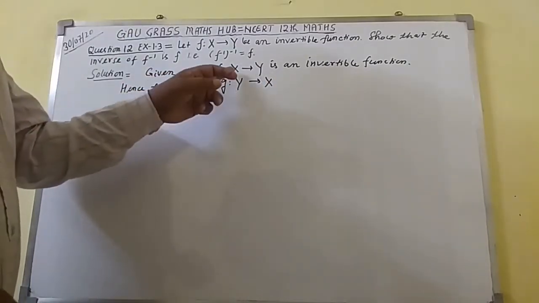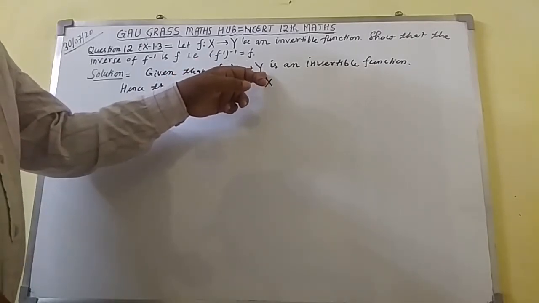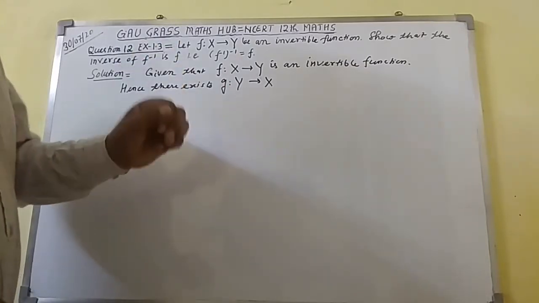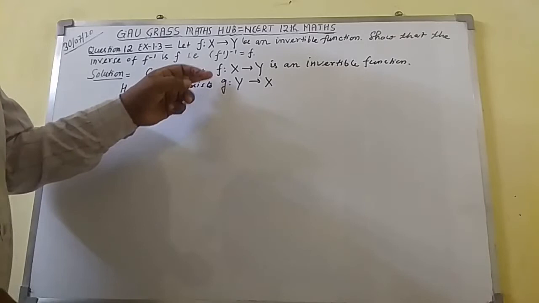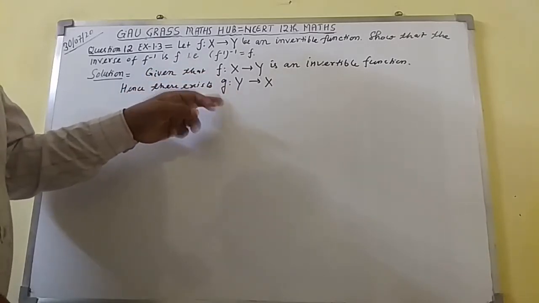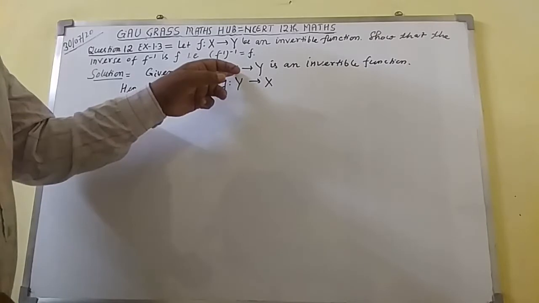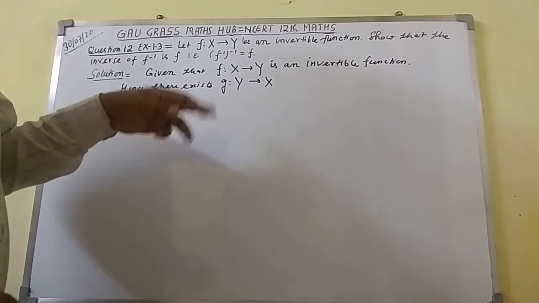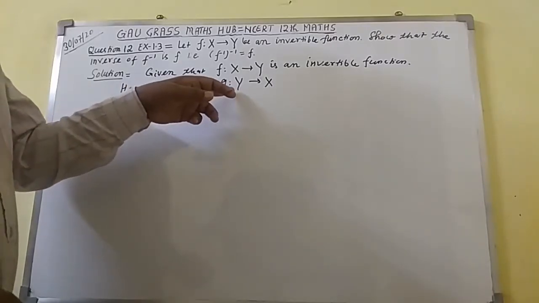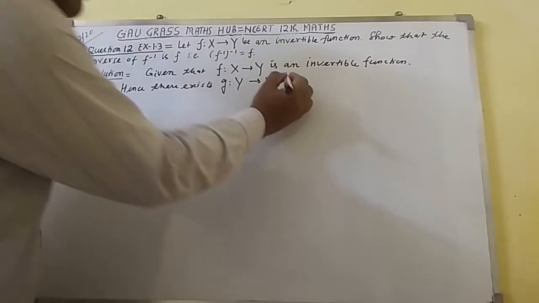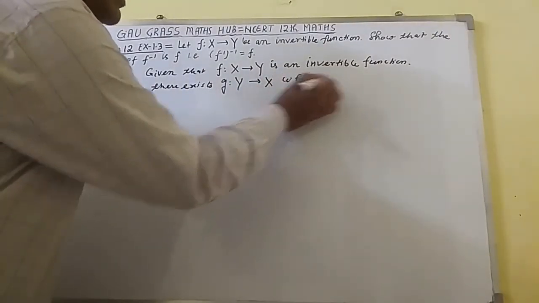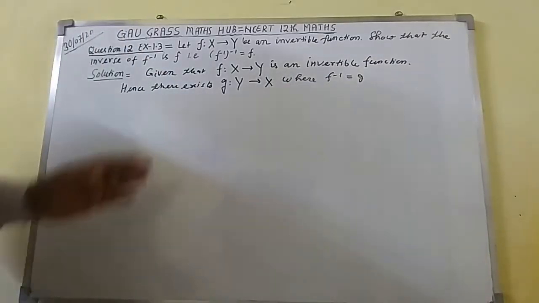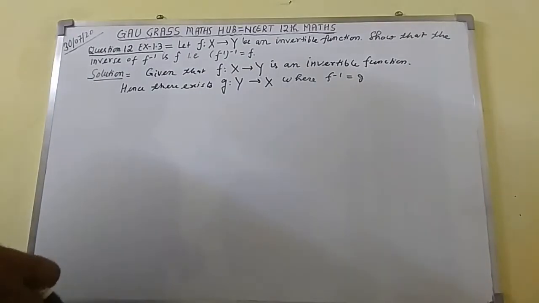So domain and range will be mutually interchanged in the case of an invertible function. So here I have written g: Y → X, where f inverse equals g. This is the statement you have to write here.